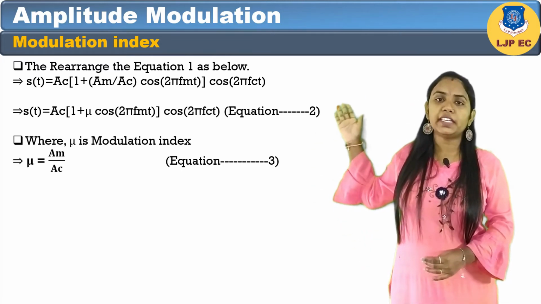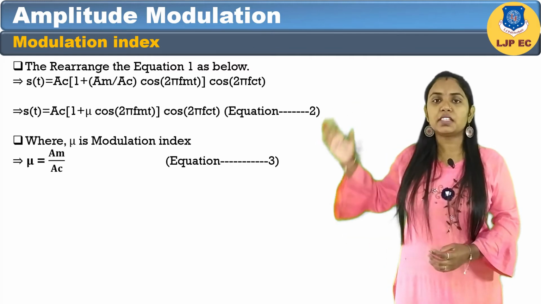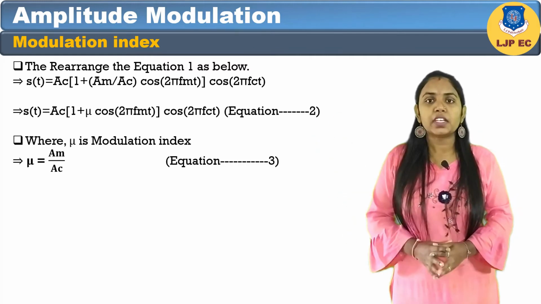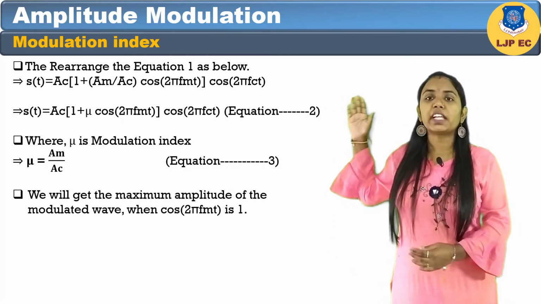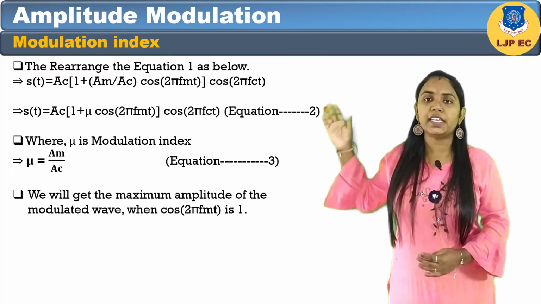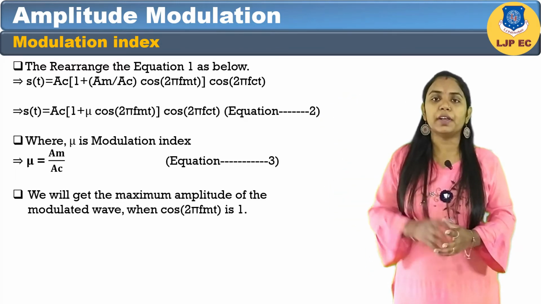Mathematically, we can write μ = Am/Ac. That is equation number 3.